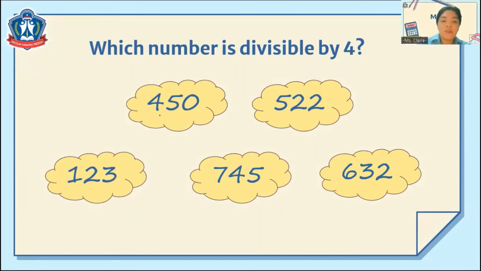So we have 450, that is 50; 522, that is 22; 123, that is 23; 745, that is 45; and 632, that is 32. Now take a look which of these last two digits is divisible by 4. If you know the answer, you can share that during our class.